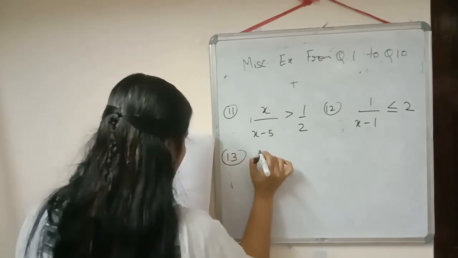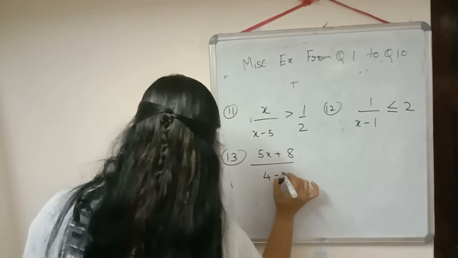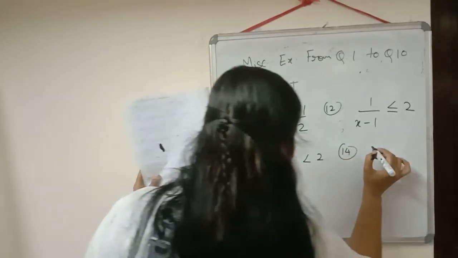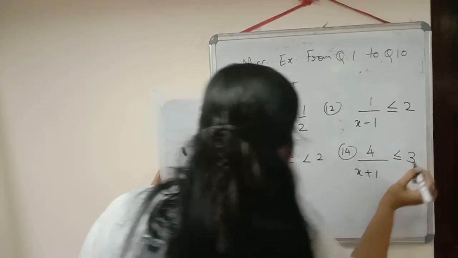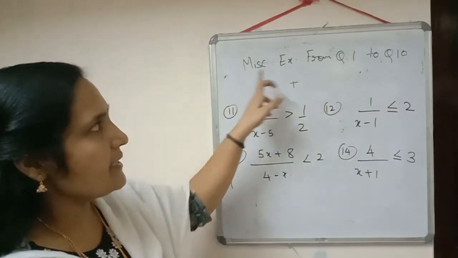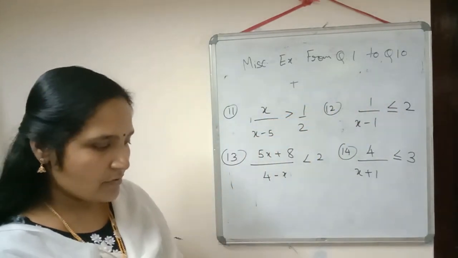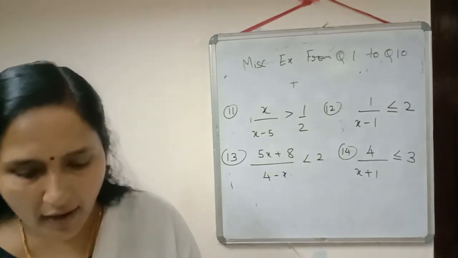Question number 13, 5x plus 8 by 4 minus x less than 2. Question number 14, 4 by x plus 1 less than or equal to 3. So miscellaneous exercise question number 1 to 10 and these questions. Just solve them, and in case of any doubt you can ask.